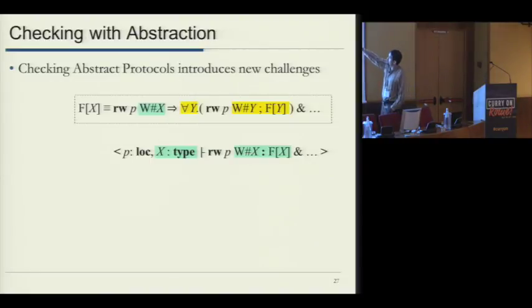We have f of x, and we have wait of x here. I've abbreviated wait with w to make the formulas a little shorter. And here we say, well, I'm going to transition for all y into some state y. So I have to expand the procedure I showed you in the last slide just a little bit to account for these type variables, or these protocol variables.